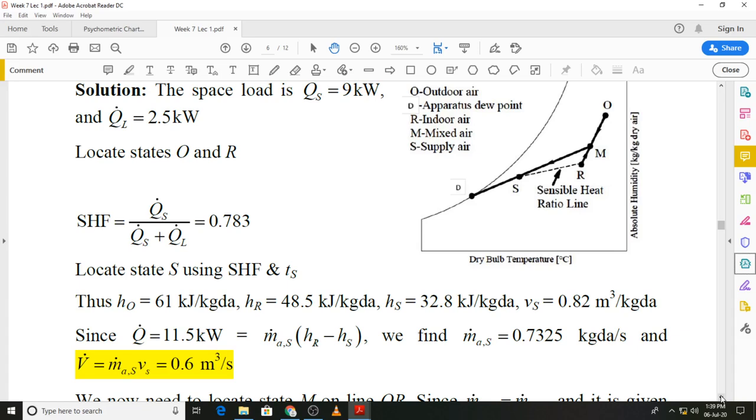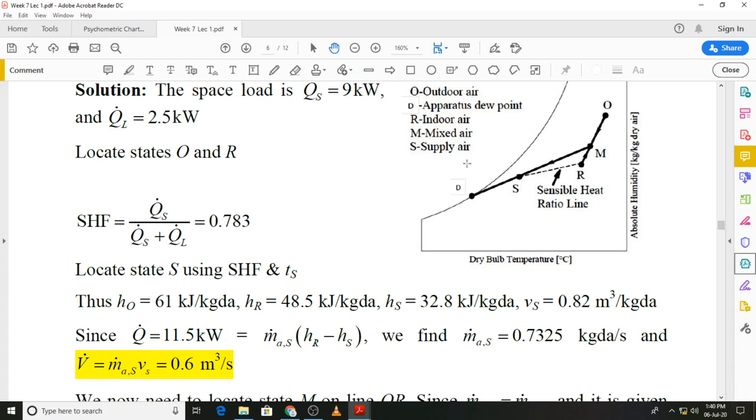Then we will use the energy balance for the cooling load, that is Q dot for the space, which is given to us as 9 plus 2.5, that is 11.5 kilowatts.